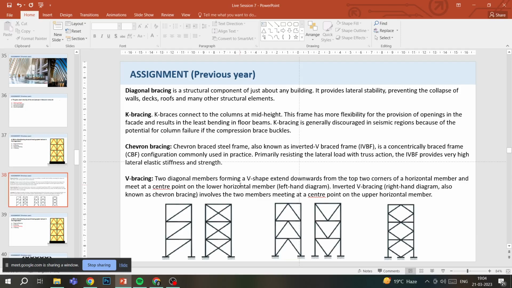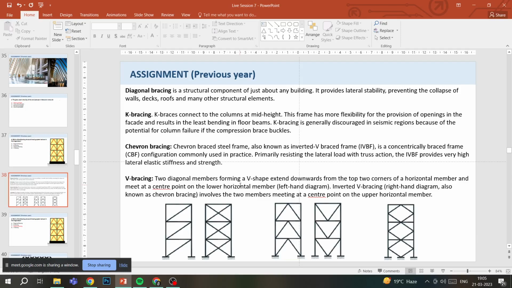Then we have K bracing. K braces connect to the column at mid height, and this frame has more flexibility for the provision of openings in the facades and results in the least bending in floor beams. K bracing is generally discouraged in seismic regions because of the potential for column failure if the compression brace buckles.